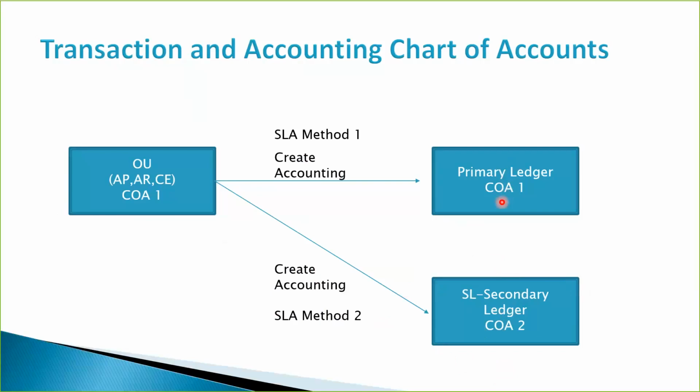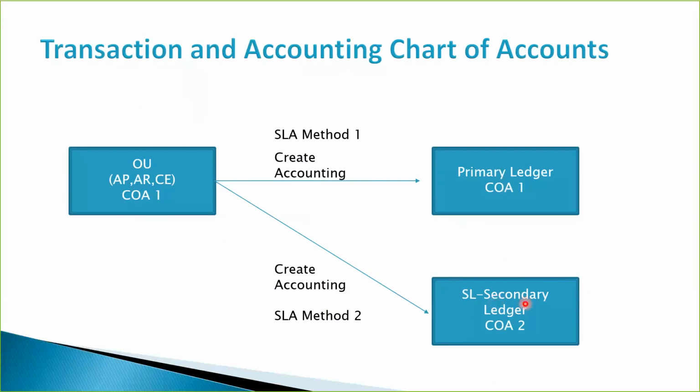And those two ways, the chart of accounts and the sub-ledger accounting method, are the two things which are going to have an implication when we are talking about the differences between transaction and accounting chart of accounts. Now, if you have this kind of setup whereby you have the primary ledger and you have the secondary ledger, and by the way, you have to note that this is a sub-ledger level secondary ledger.